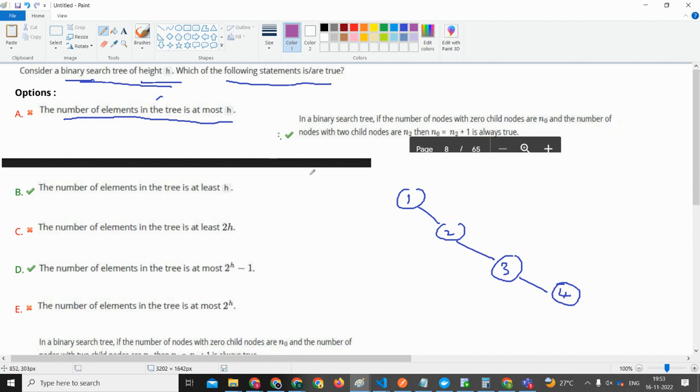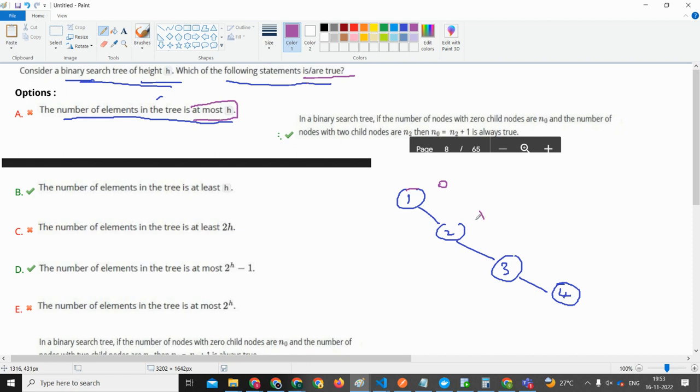Perhaps it is not always the case, because this is a special case that you have drawn. At most h, right? Maximum could reach h. It could be more than that also, no?